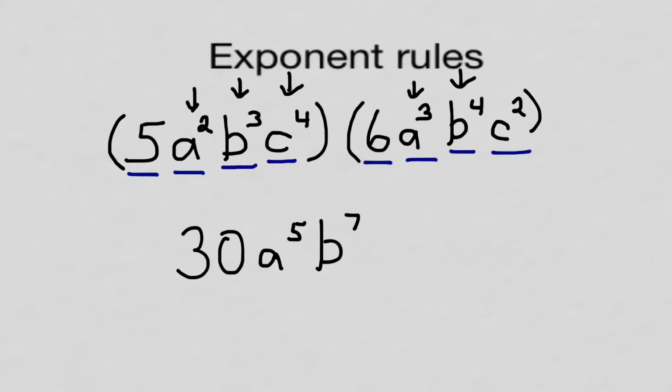And finally, C to the 4th times C to the 2nd. I add the exponents. I get C to the 6th. All right, this problem probably would have been in that level 3. I'm thinking most of the class can get through 1 and 2. Okay, it's 3 and 4 that we need to work on.